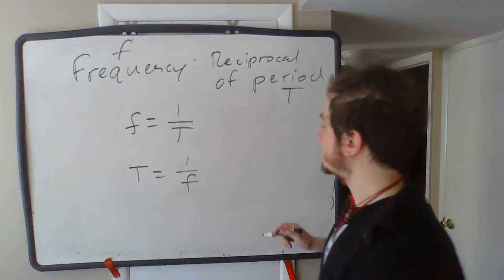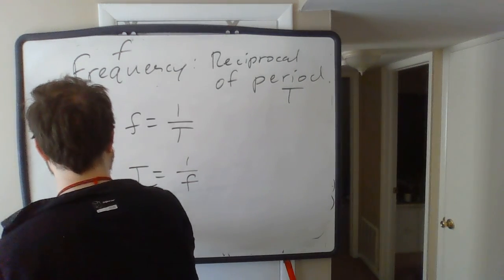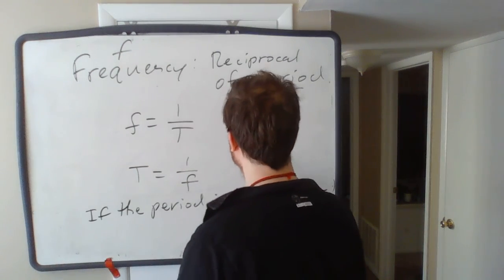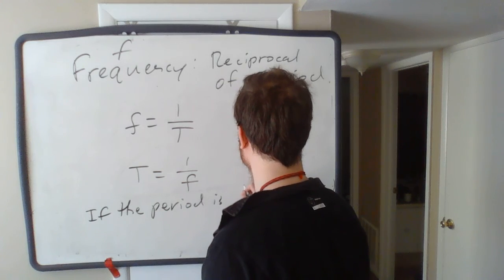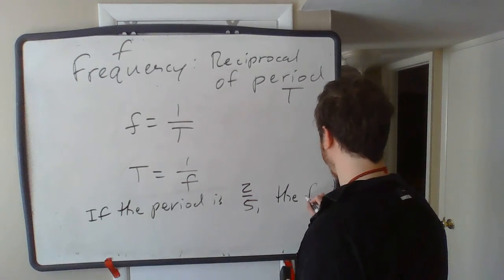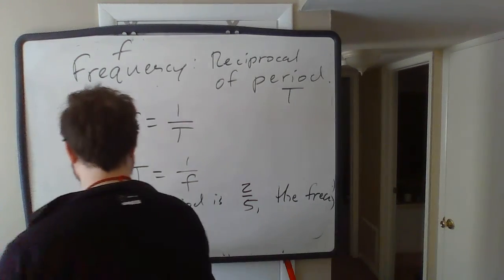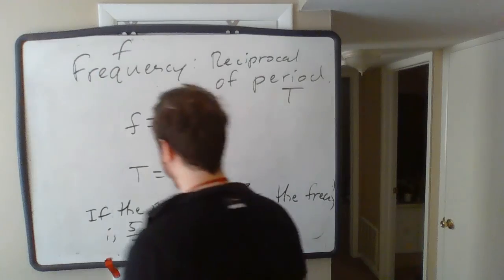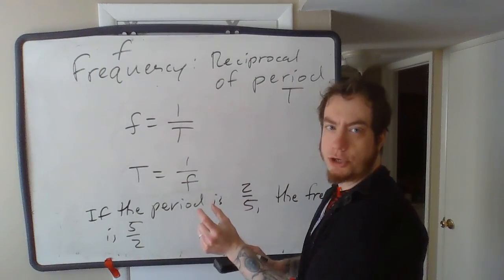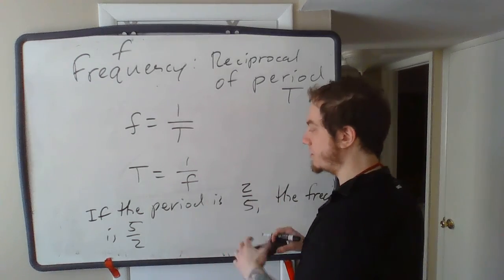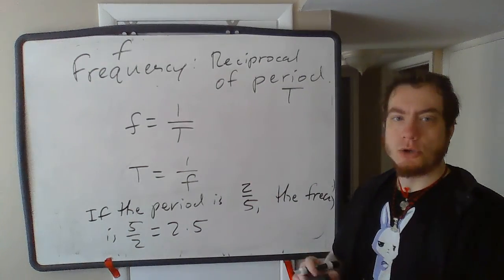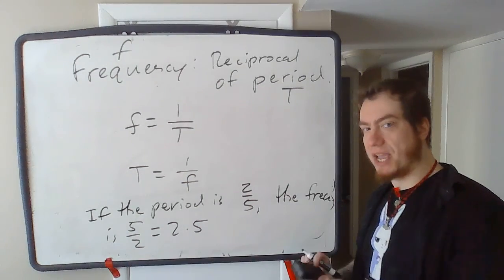So, for example, if the period is, let's say, 2 over 5, the frequency is 5 over 2. And what that means is that in an interval of length 1, you will get 5/2 cycles. Or in other words, over an interval of length 1, your function will complete 2.5 cycles.